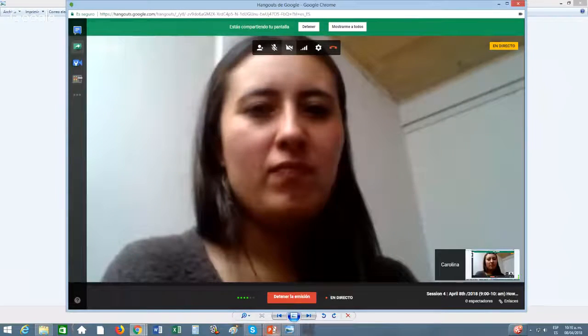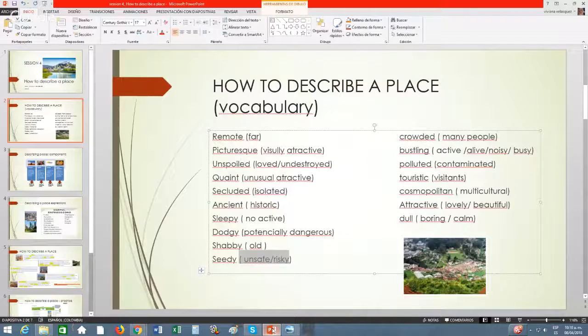Okay, perfect. Let's continue with the other vocabulary we got. So we say here crowd, which I suppose you remember. It is when you have a lot of people inside the same place. Yes, for example, the malls or parks. Bustling refers to an active, alive, noisy or busy place.